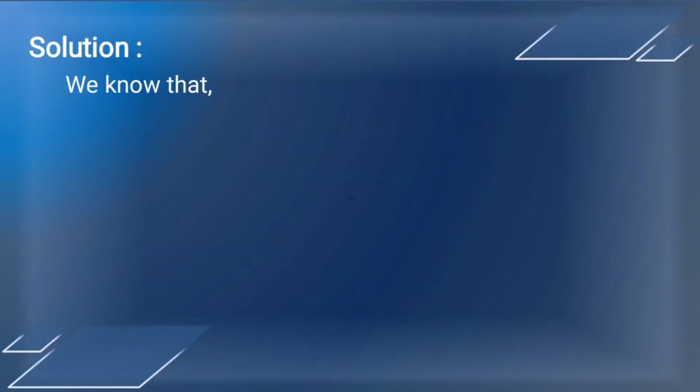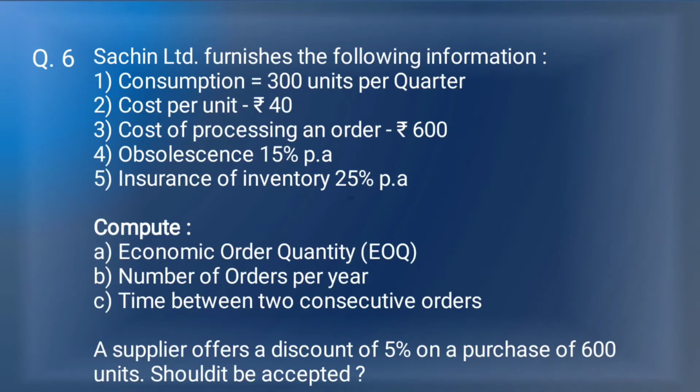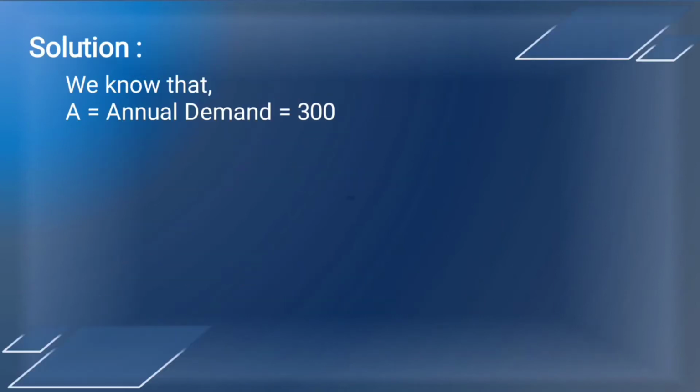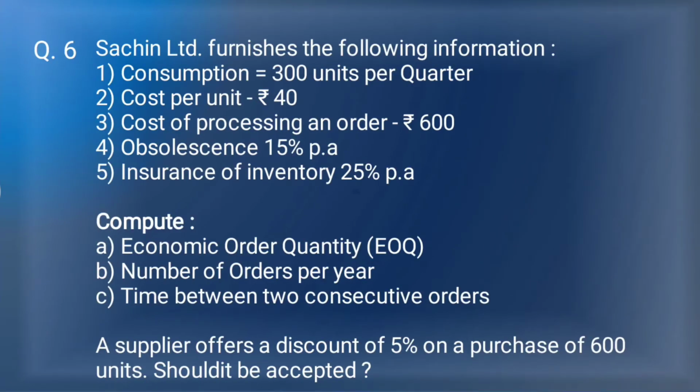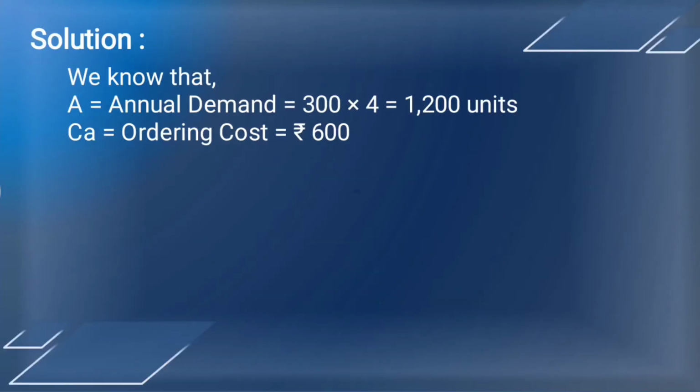Solution. We know that A stands for annual demand, which is equal to 300 units per quarter. So 300 into 4, which will be equal to 1200 units. Next, CA, which is equal to ordering cost, which is given as rupees 600. So we'll record rupees 600.